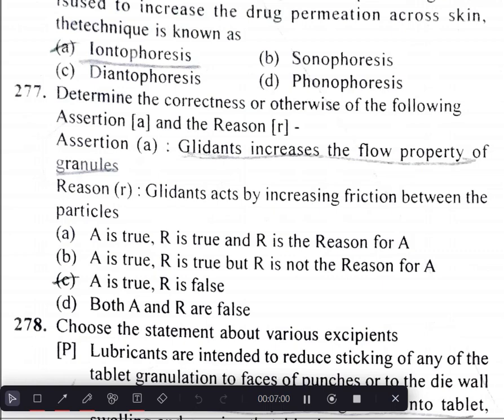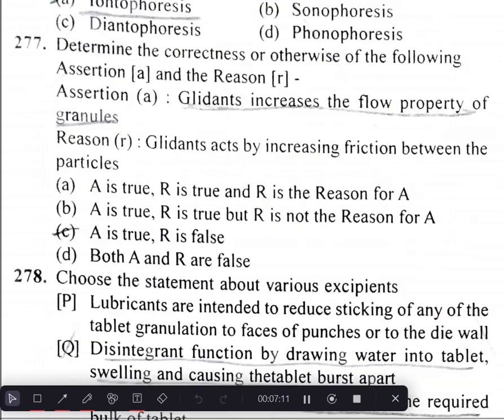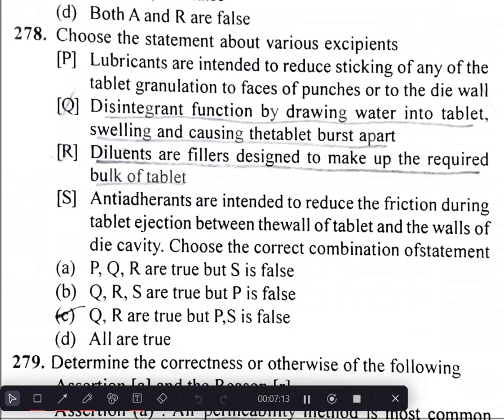Determine the correctness or otherwise of the following. The true statement is glidant increases the flow property of granules. The correct statement about various excipients is disintegrant functions by drawing water into tablet, swelling and causing the tablet to burst apart, and diluents are fillers designed to make up the required bulk of tablet.